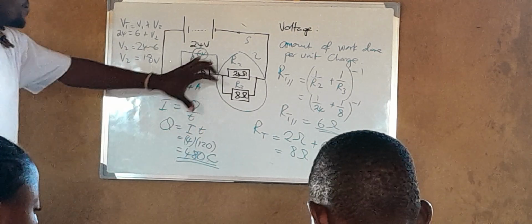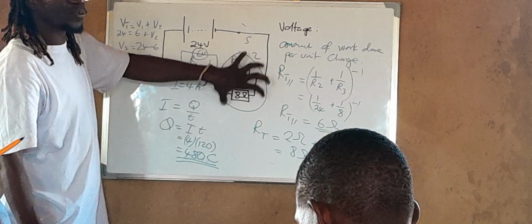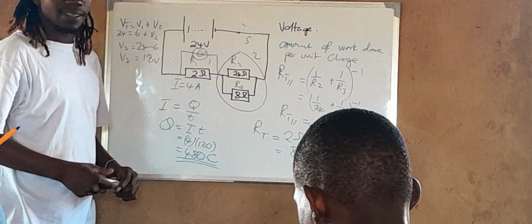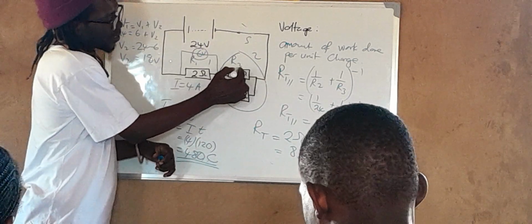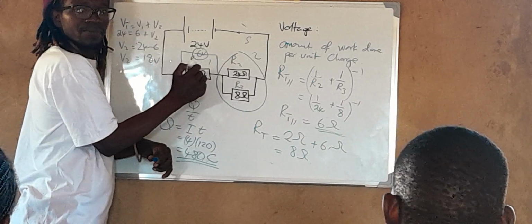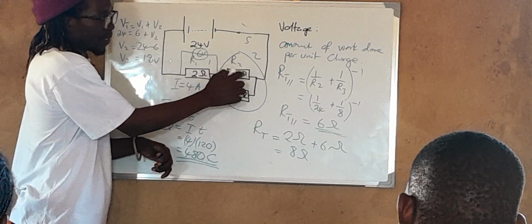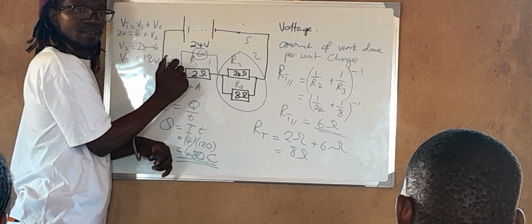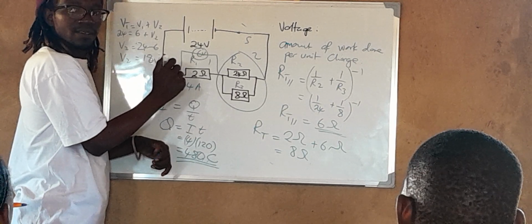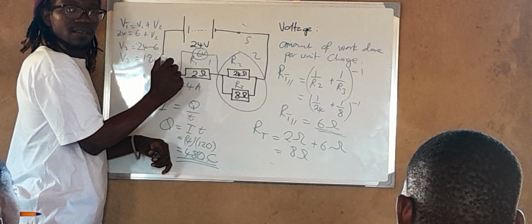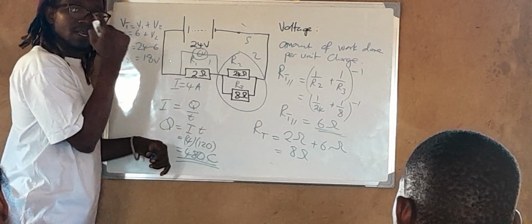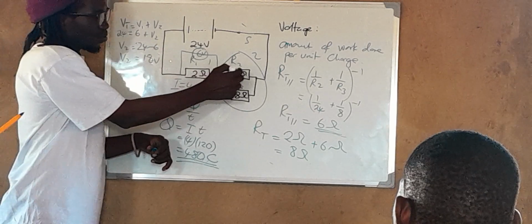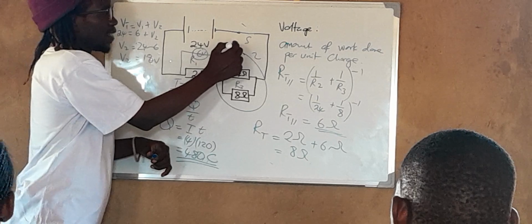So you do that here. What is the voltage passing through here? 18, right? So what is the voltage passing through this one? We said this total is 18 volts.